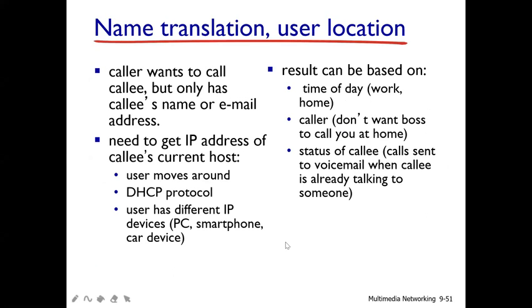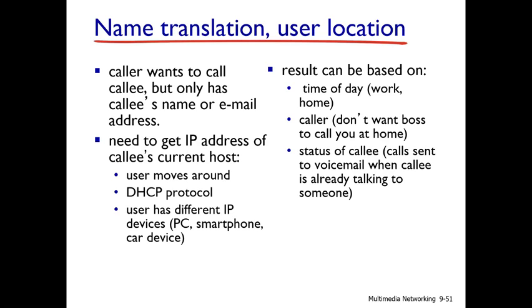Now, how do we go about name translation or user location? Suppose one caller wants to call the callee. How will they find the callee's name or email address? First, they have to generate the caller's name and email address. Then it has to generate the IP address with the current host name. If you want to use the DHCP protocol, you can attach that also. There will be different IP devices like your PC, smartphones, and car devices.